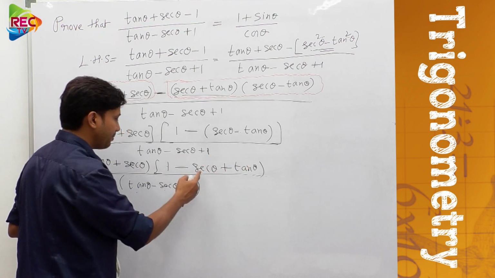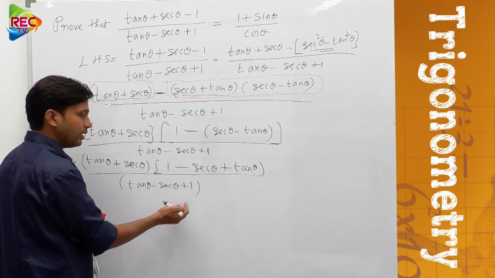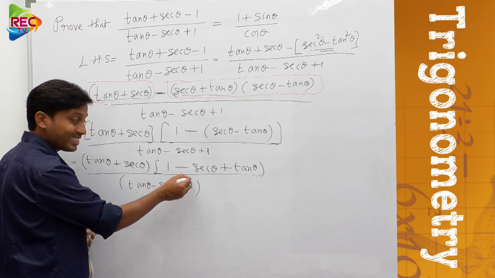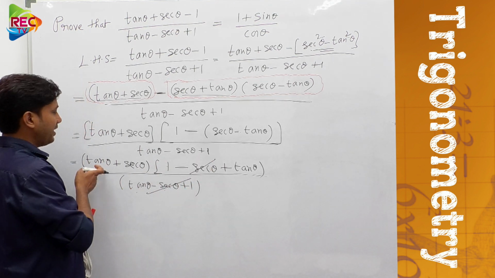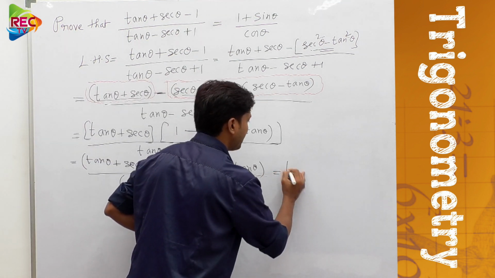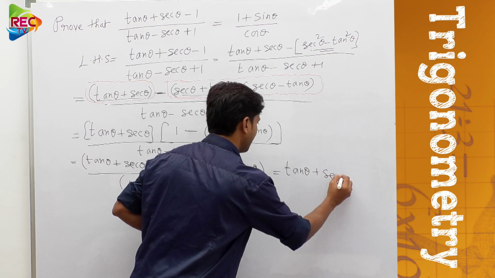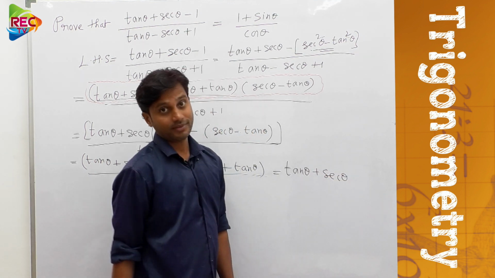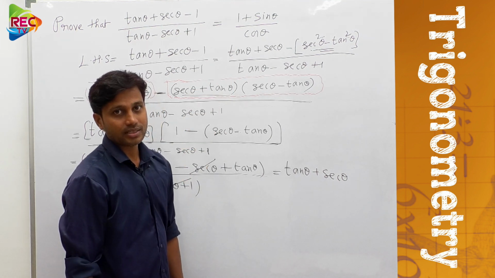This is also tan theta minus secant theta plus 1. This is also tan theta minus secant theta plus 1. So these 2 expressions are the same, so we can cancel both of them. So what is finally obtained? Tan theta plus secant theta. So we got the result, but still we didn't obtain the required answer.